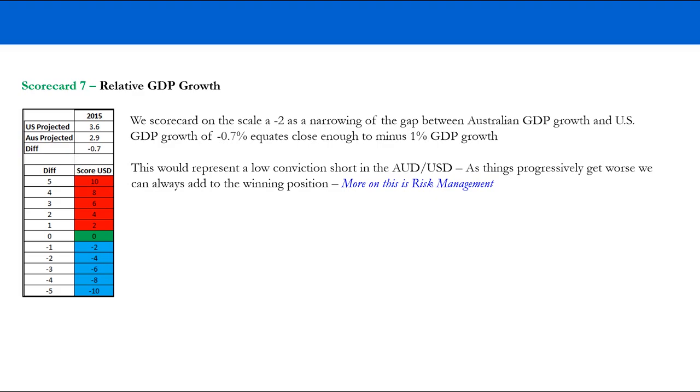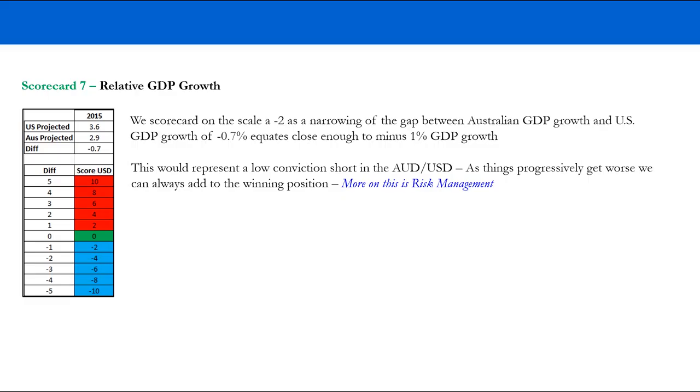So there's a narrowing of the gap between Australian GDP growth, so expected GDP growth in Australia, and expected US GDP growth of -0.7%. So this equates close enough to our -1% GDP growth, which is on this row here. And this would pretty much represent a low conviction short in the instrument, Aussie dollar, US dollar. As things progressively get worse, we can always add to this winning position.